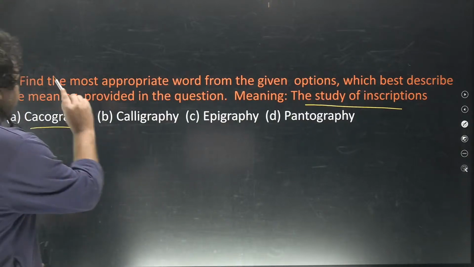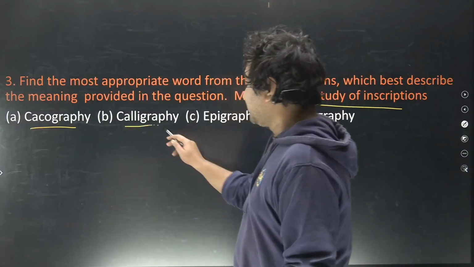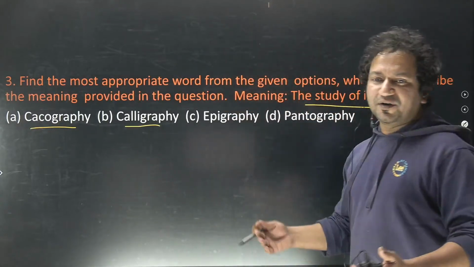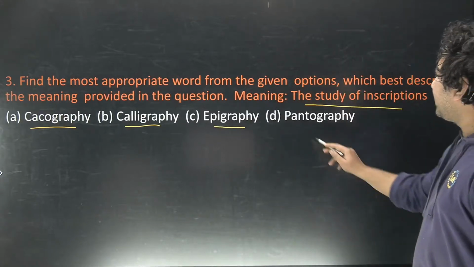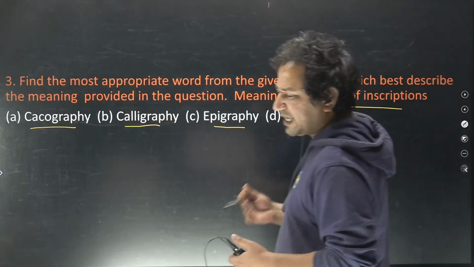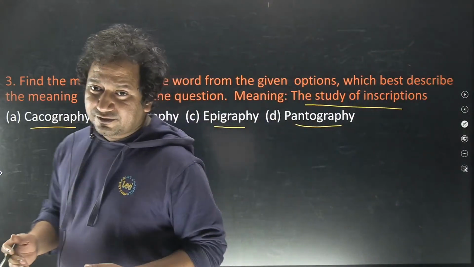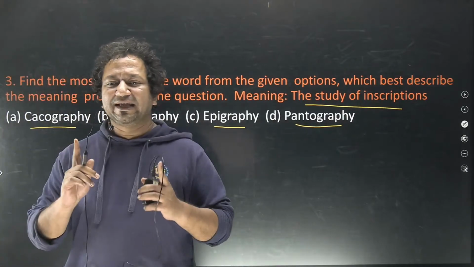Cacography. This is bad handwriting. Calligraphy is good handwriting. So calligraphy is basically the art of writing. Epigraphy means the study of inscriptions, and pantography is derived from a mechanical tool which is called a pantograph, and it is connected in such a way that if one limb moves, the other one automatically moves.